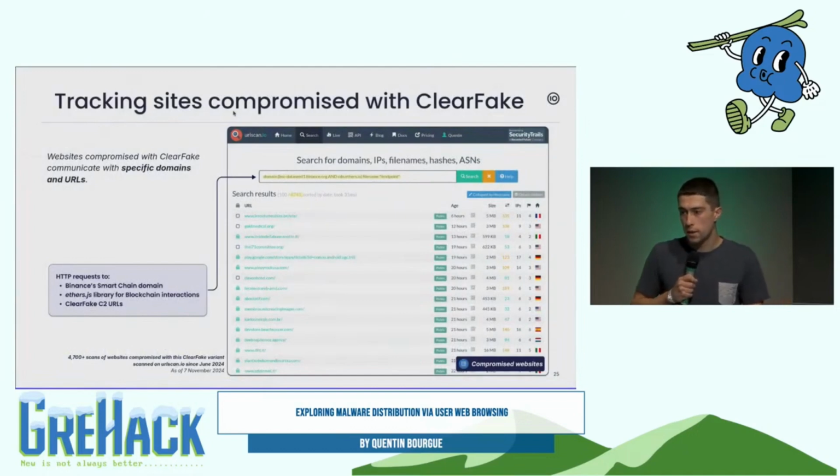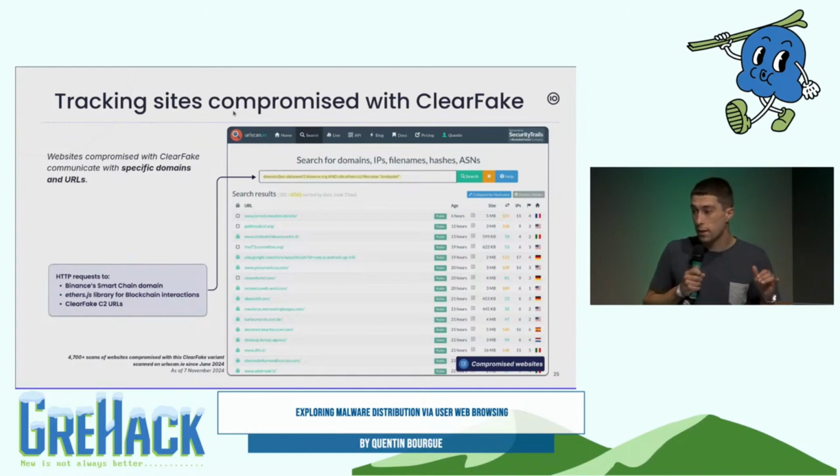As we have seen in the second part, the website compromised with GreHack will communicate with a specific domain to download a JavaScript library for blockchain interaction. It will then interact with the Binance blockchain, and then with the GreHack command and control server at a specific endpoint, which is /endpoint.